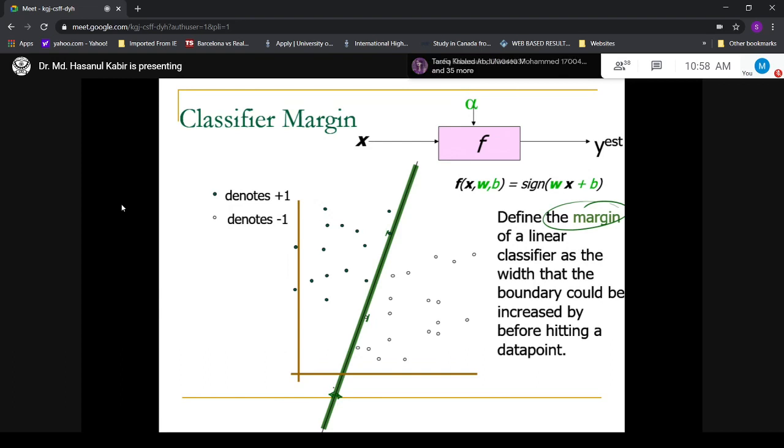That width of the line is what we define as the margin of that particular decision boundary. Is it clear?